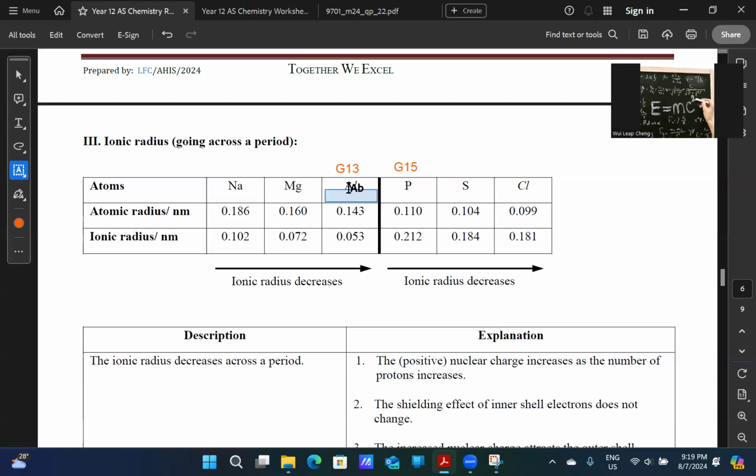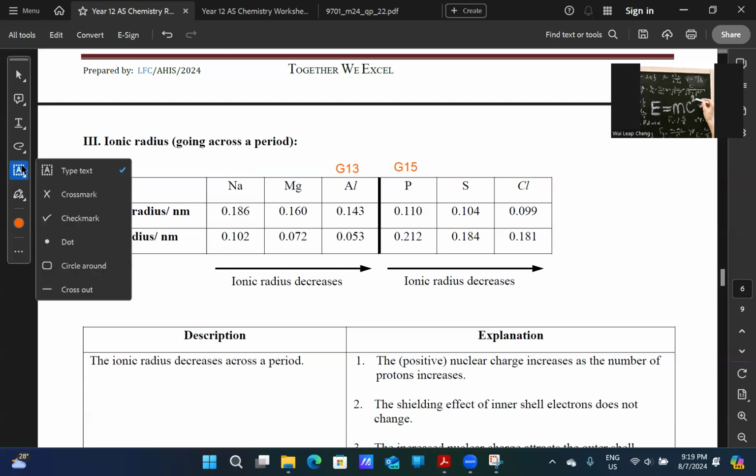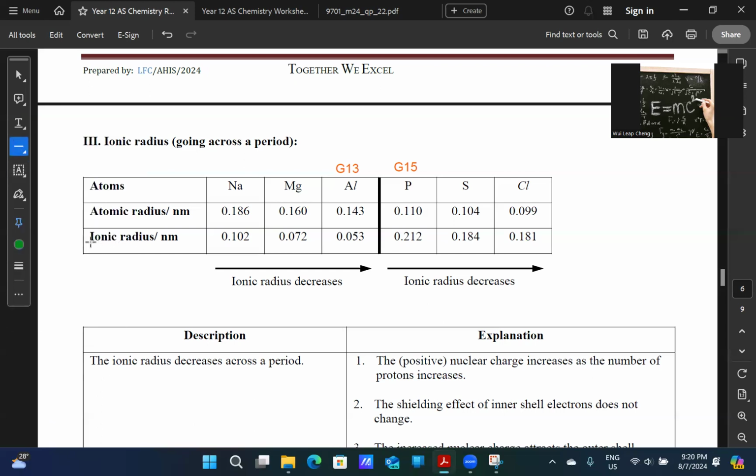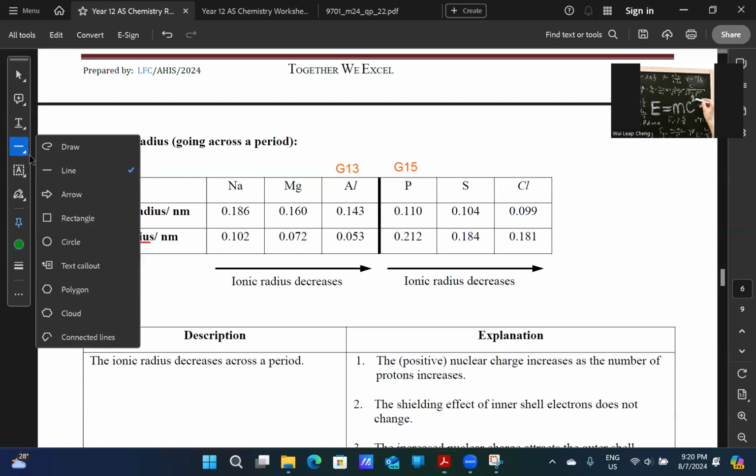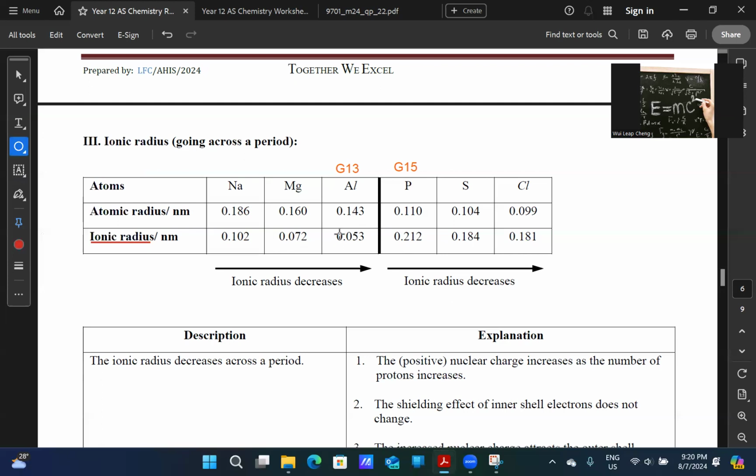Now, look at this between group 13 and group 15 and give your attention to the ionic radius. As you can see from the reading here, there is a big change to the ionic radius from 0.053 nanometer to 0.212 nanometer.